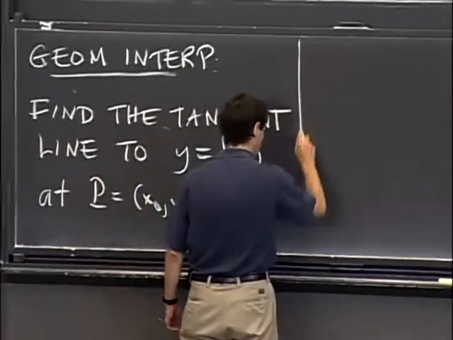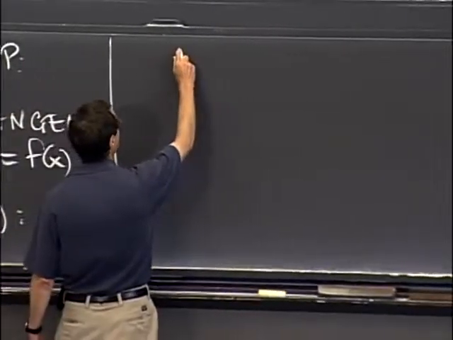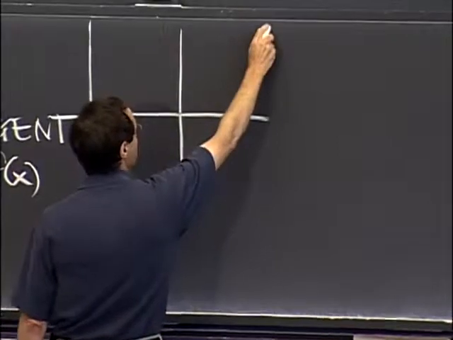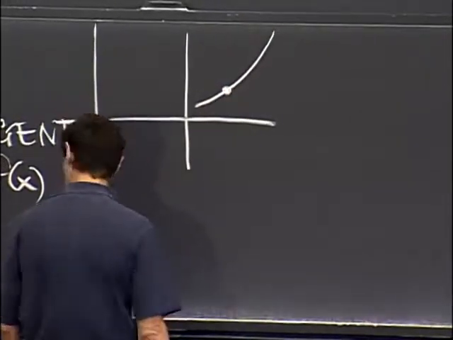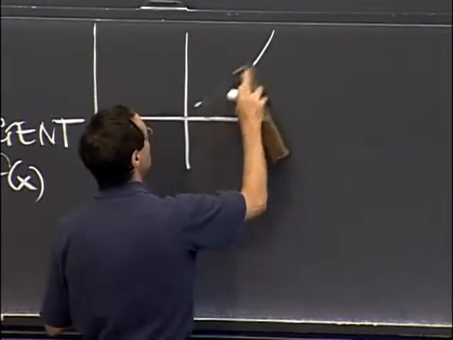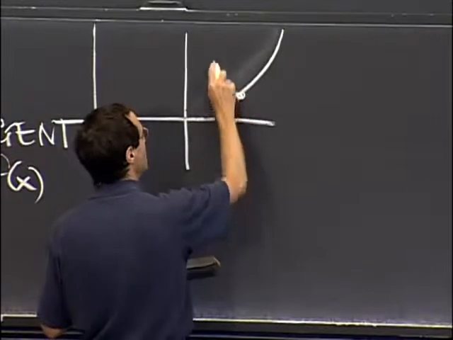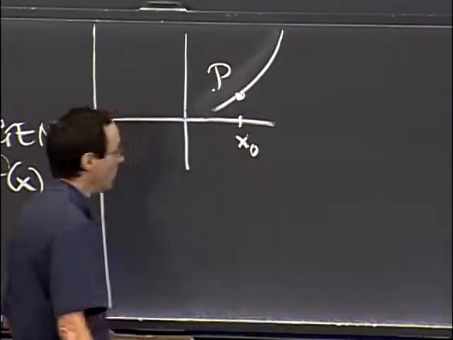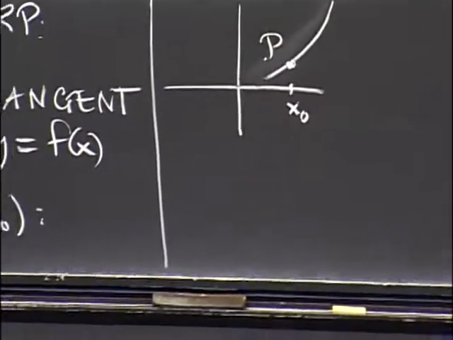Well, let's graph the function. So let's say here's its graph, and here's some point. Maybe I should draw it just a bit lower. All right, so here's a point P. Maybe it's above the point x0. x0, by the way, was supposed to be an x0.